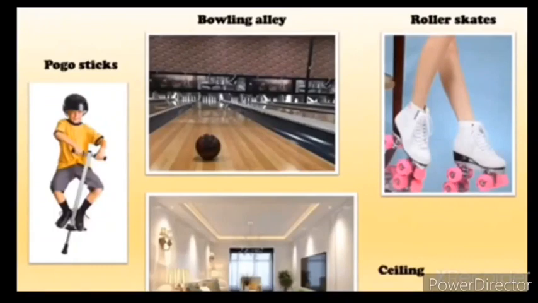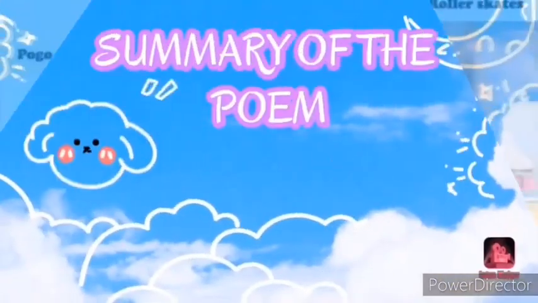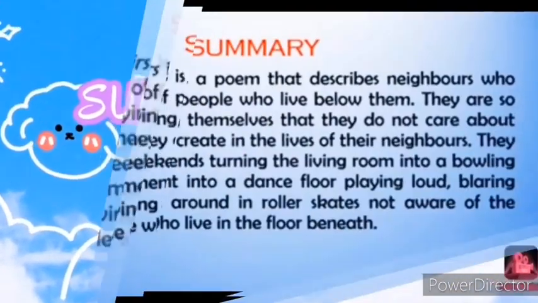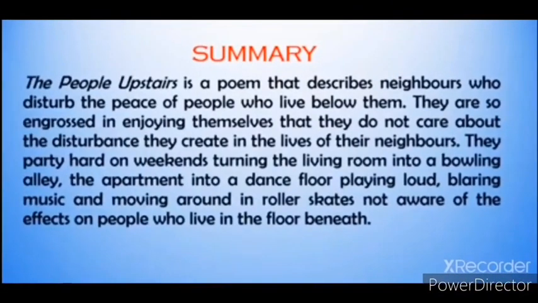Next, we will see the summary of the poem. What is the poem name? Yes, The People Upstairs. What is the poet name? The poet name is Ogden Nash. Now we read the summary.